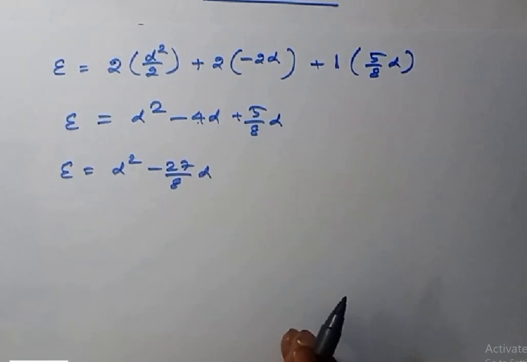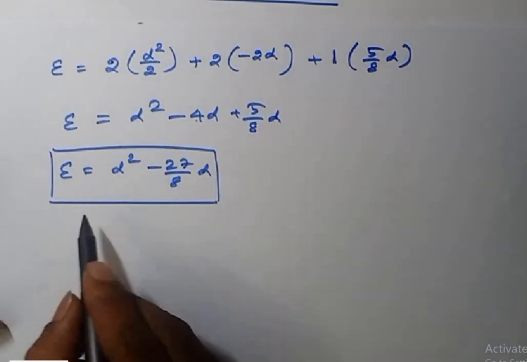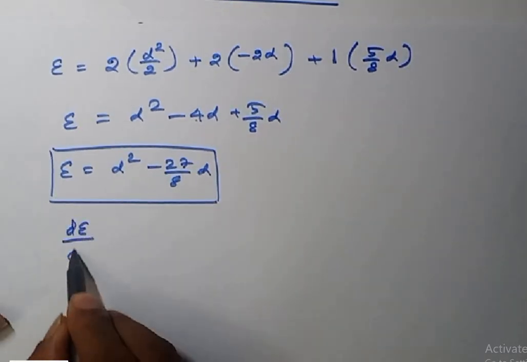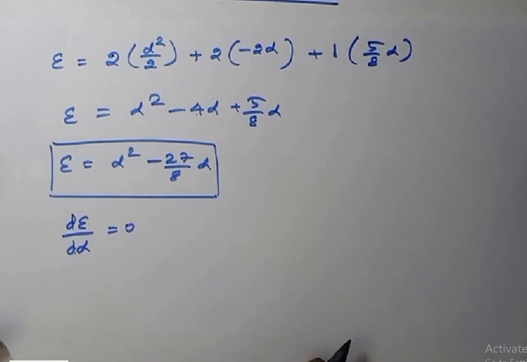Am I right? Just check it. So differentiate this E with respect to alpha and put the value equal to 0.